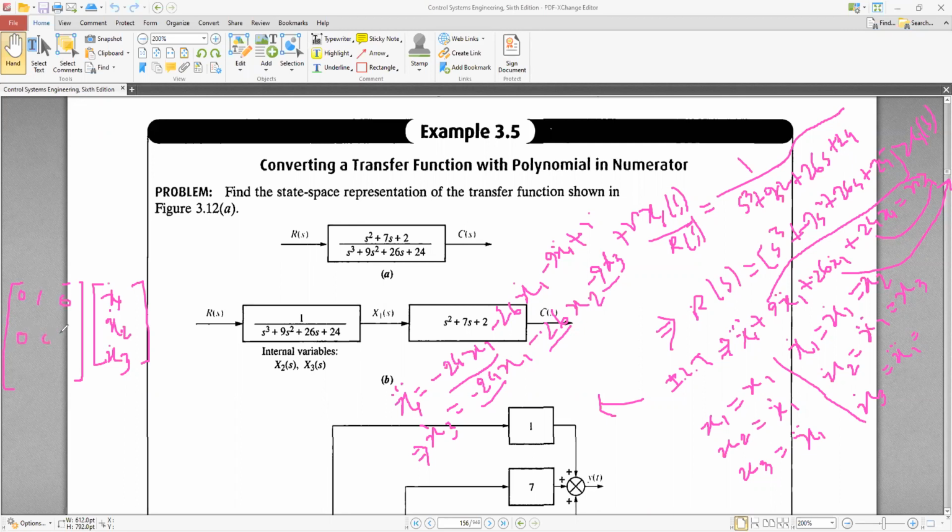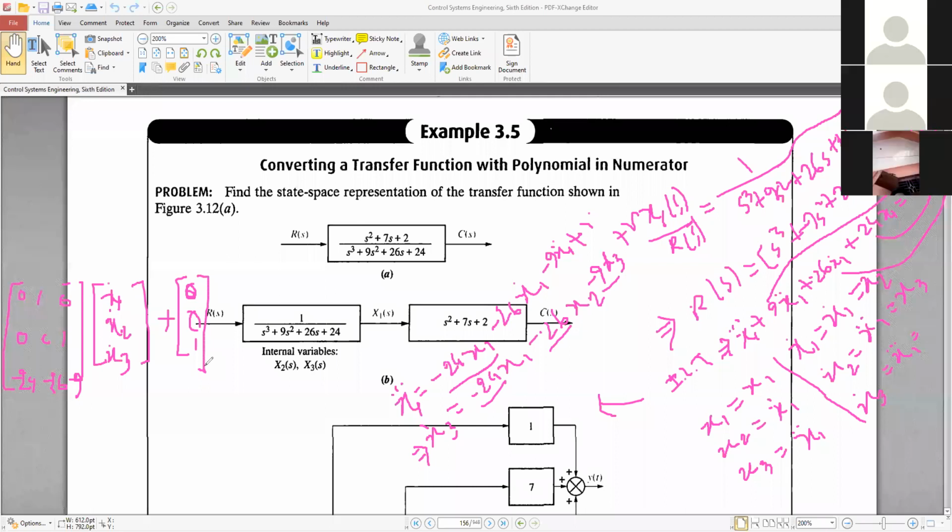The second row is 0 0 1 for x3. The third row is minus 24, minus 26, minus 9. And plus, for the r, 0, 0, and the last is 1, and here the r.